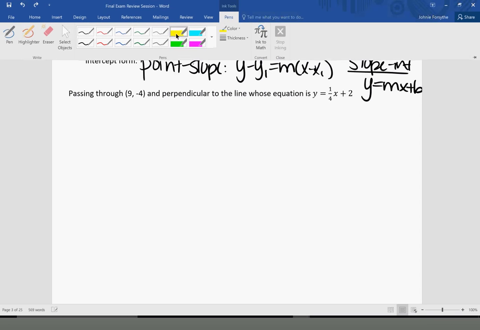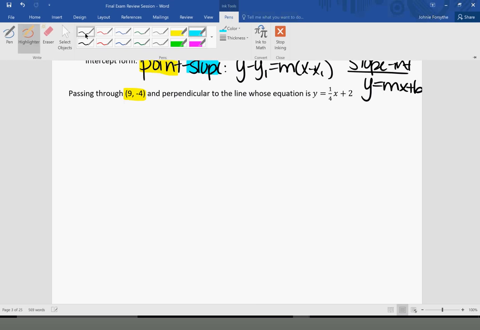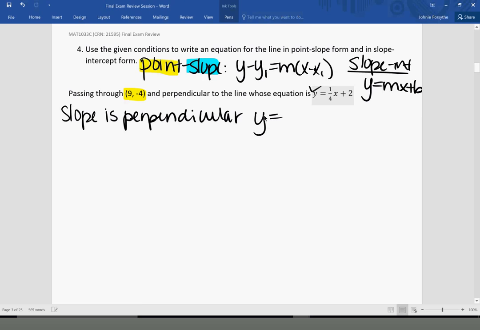Okay, all right. So we have a point. The point they gave us is (9, -4). So what we need to find is the slope. The slope of our line is perpendicular to this line here, y equals 1/4 x plus 2.